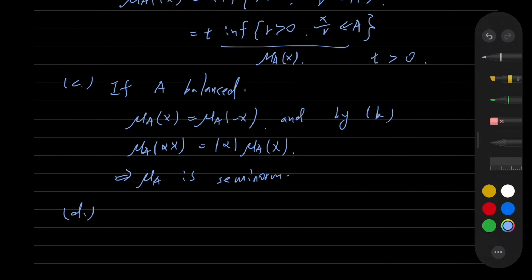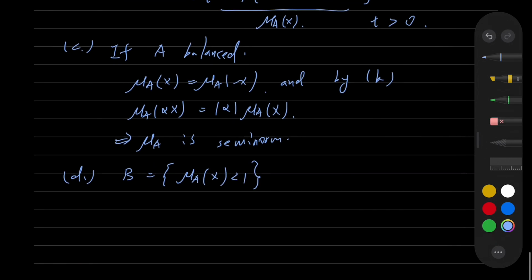And finally, we have two sets. B equals the set where mu A of x is smaller than 1, and C equals the set where mu A of x is smaller or equal to 1.